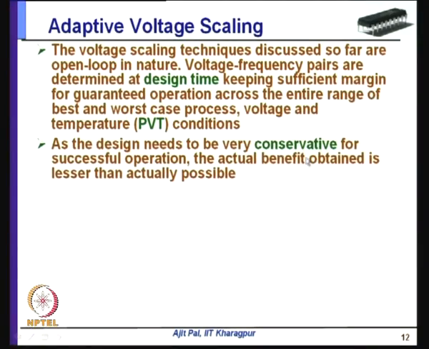As a consequence the design is very conservative, and whenever the design is very conservative, the reduction that we get is not very high. So, as the design needs to be conservative for successful operation, the actual benefit obtained is lesser than actually possible. This is what happens in those conventional designs.